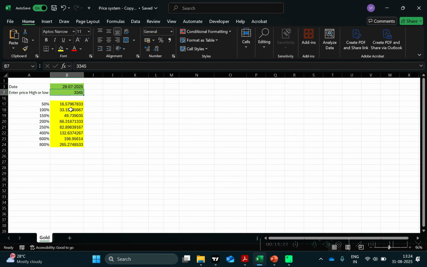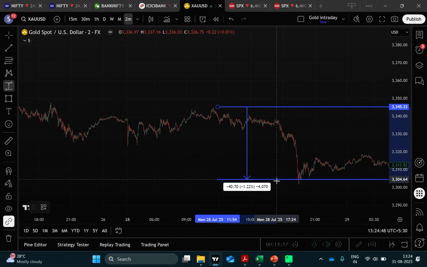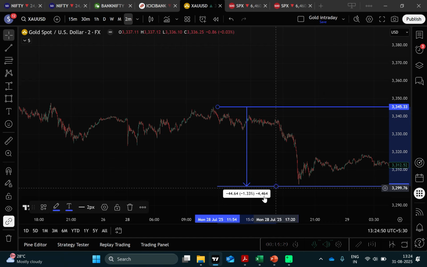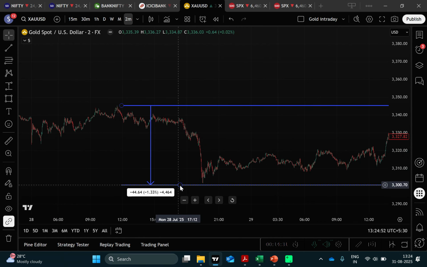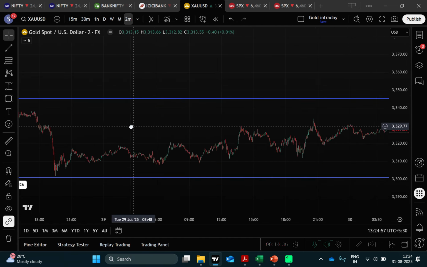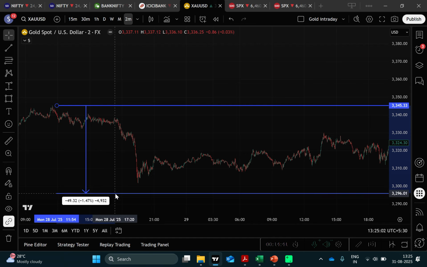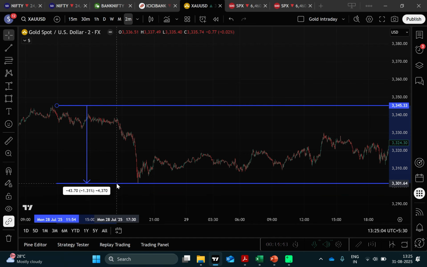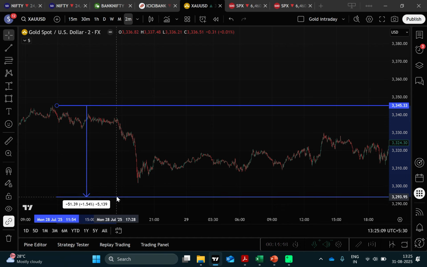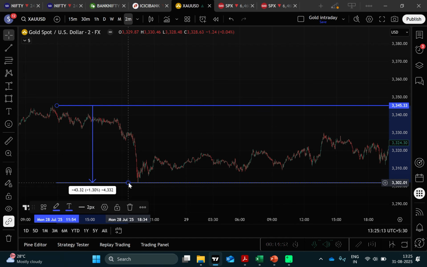Now I'm expecting a range of 3349. It misses by a little bit again. This time it misses by like 5 points. We got 44. We were expecting 49. So it misses by 5 points.